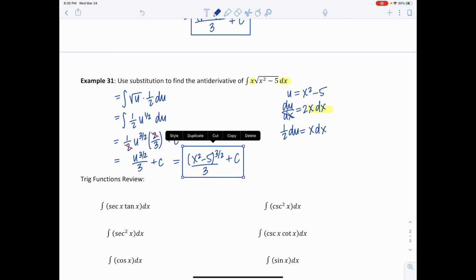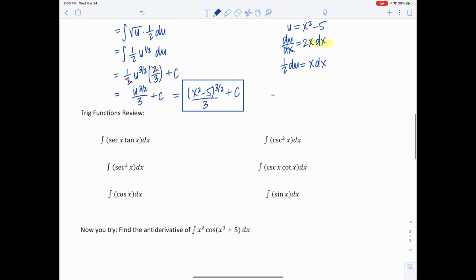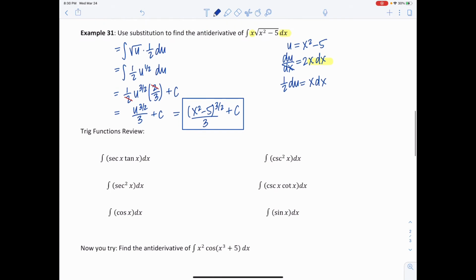Just to clarify that a little bit more, or just to show that it does work, I'm going to take the derivative and show that it equals the original integrand. If I took the derivative of the answer, I would bring down the exponent, subtract 1 from the exponent, and then multiply by the derivative of the inside.